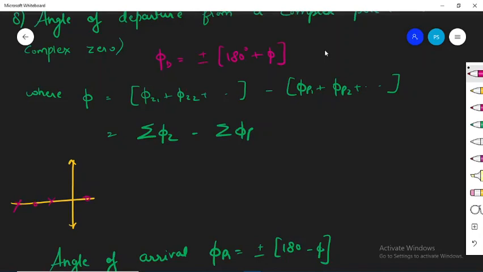Systems like this have been seen, but it's not necessary that these poles and zeros are always real in nature. Any system can also have complex conjugate poles or complex conjugate zeros. If there are such complex poles or complex zeros, only then we use this rule, that is rule number 8. Otherwise it's not needed.